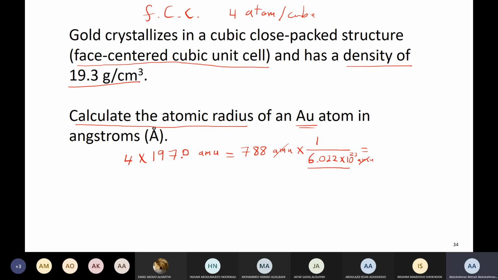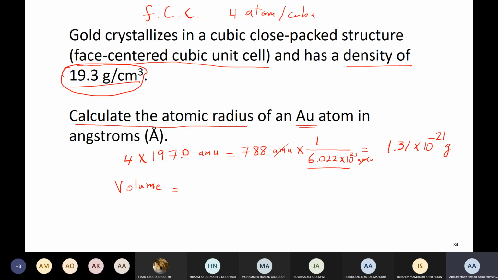What's the name of this number? Avogadro's number. What's the answer? 1.308 multiplied by 10 to the power minus 21 gram. Good. If I know the density, what can I calculate?